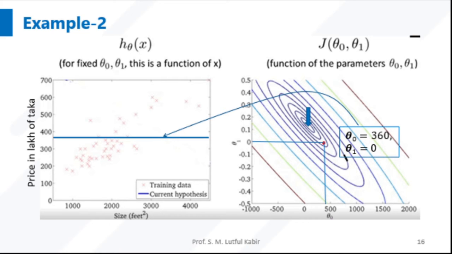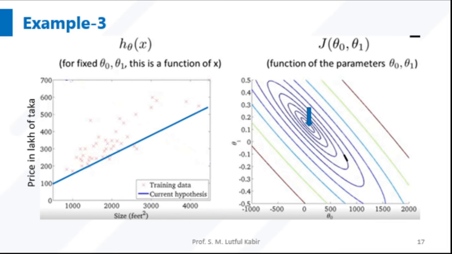So let us see another example. There is one more. At this value of theta 0 and that value of theta 1, we end up with this hypothesis h of x, and again not a good fit to the data.